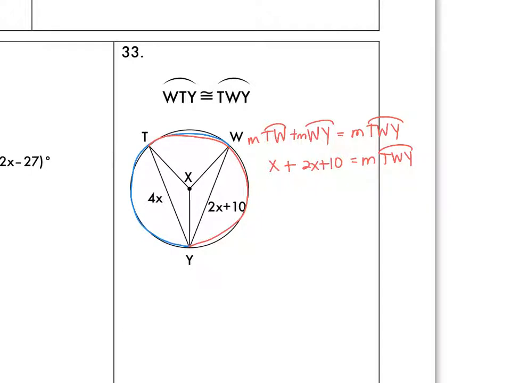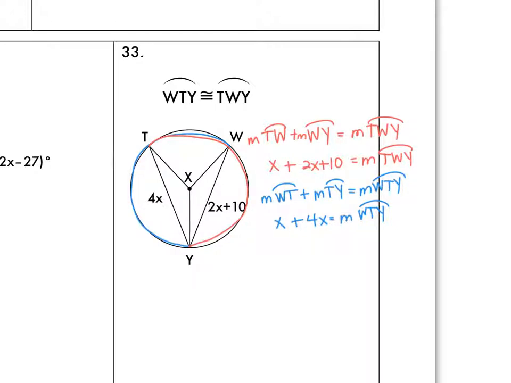And then if we look at the other one, WTY, that consists of the measure of arc WT, which is the same as the measure of arc TW, plus the measure of arc TY. So that equals the measure of arc WTY. And we know the measure of arc WT, same as TW, is x, plus the measure of arc TY, which is 4x, is equal to the measure of arc WTY. This is a mouthful.